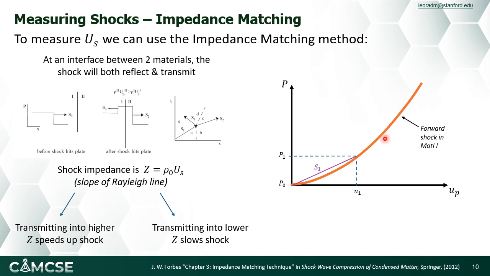As I mentioned, we have this Rayleigh line that connects our initial to our shocked state that reaches the interface at point A. So now that we've gotten to this point, we have a shock impedance to define it. We have a pressure and a particle velocity.